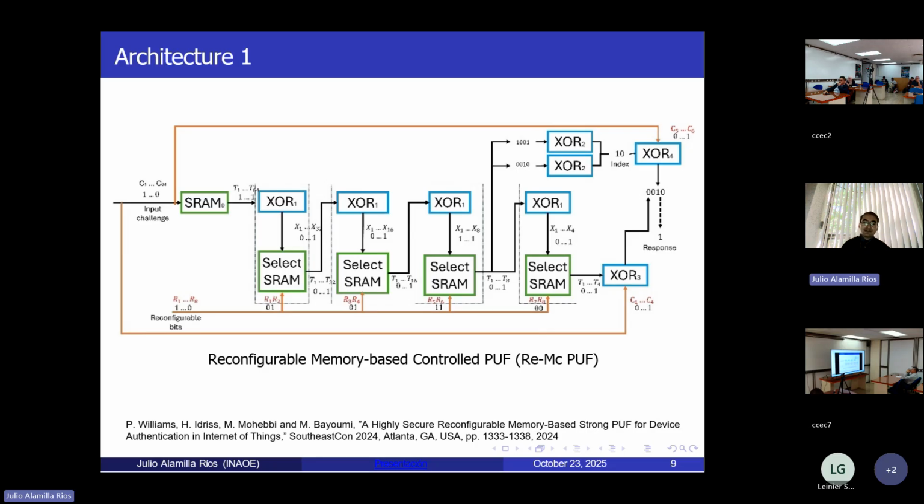The first architecture is the reconfigurable memory PUF, or REMC PUF. As shown in the figure, this design exploits the natural entropy of SRAM power-up states to generate unique CRPs. Its core consists of 5 SRAM blocks connected to a multi-level control logic.